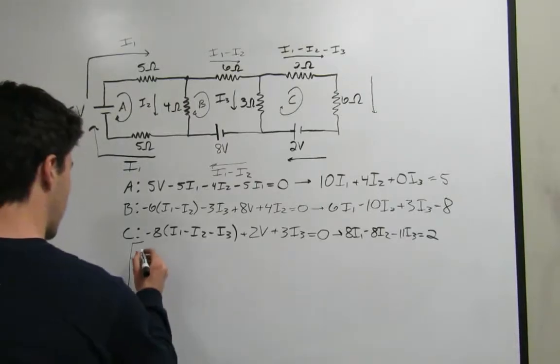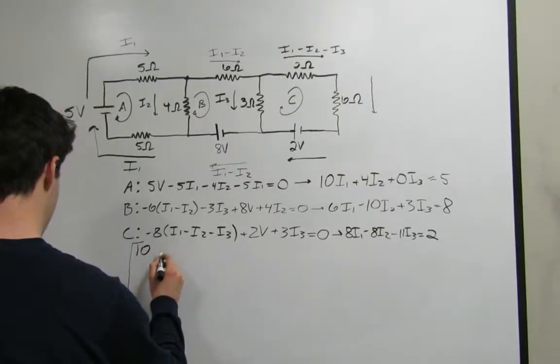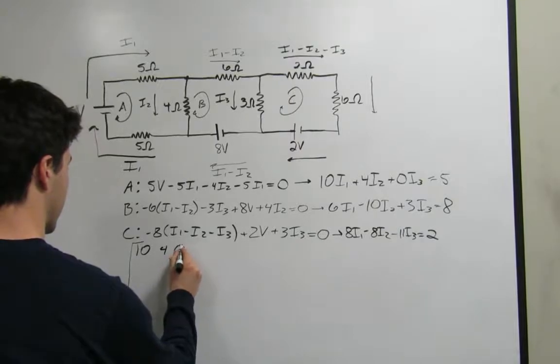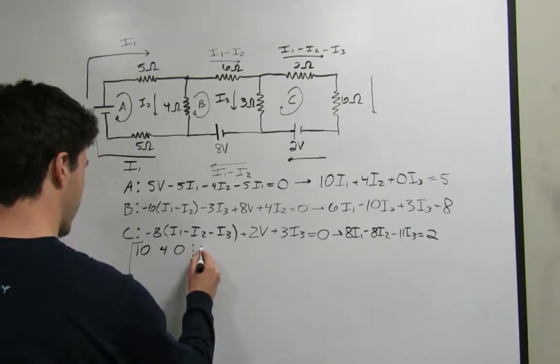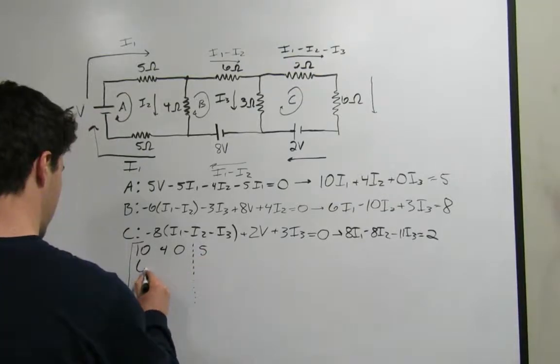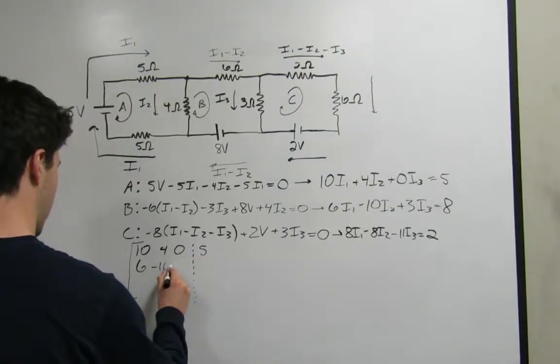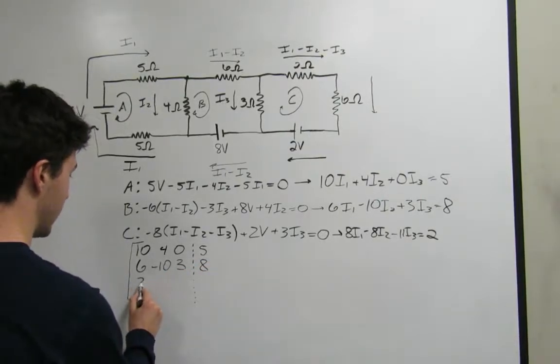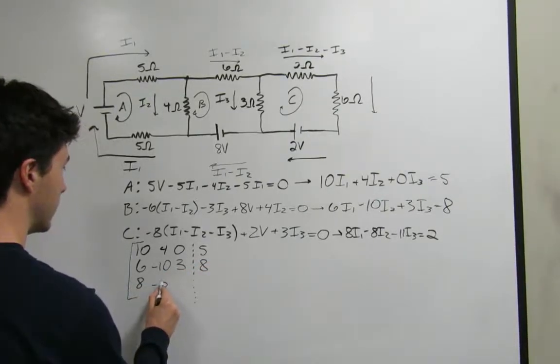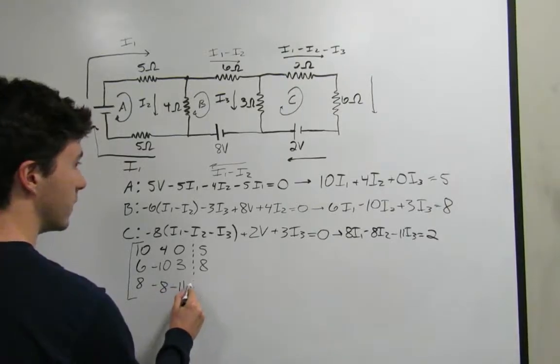So got 10, 4, 0, augmented with 5, 6, negative 10, 3, 8, and then 8, negative 8, negative 11, 2.